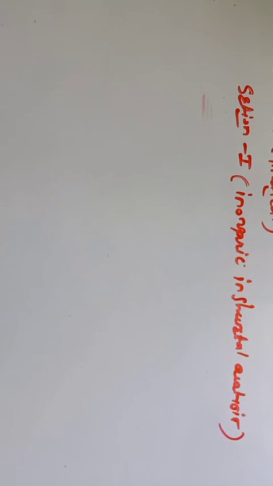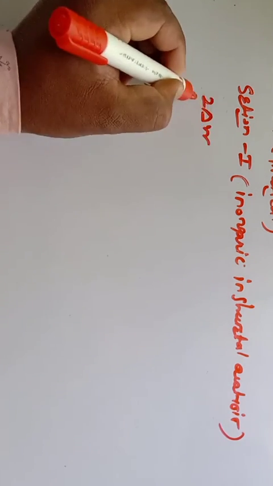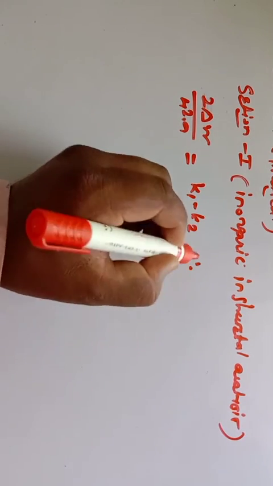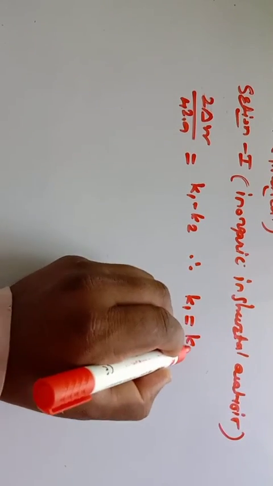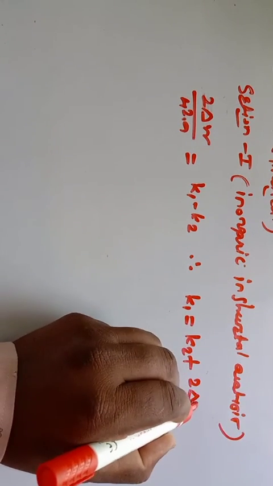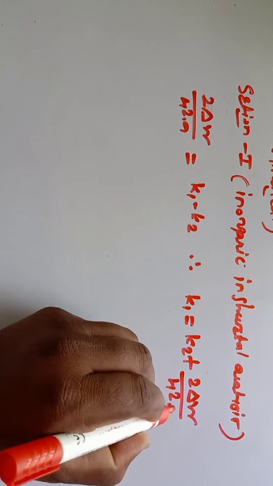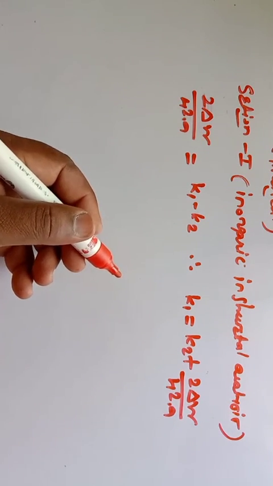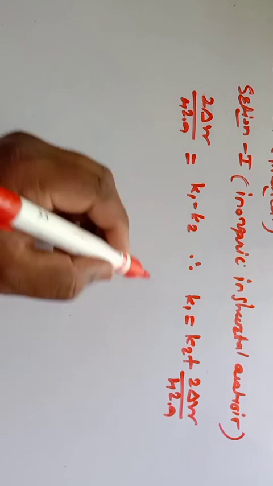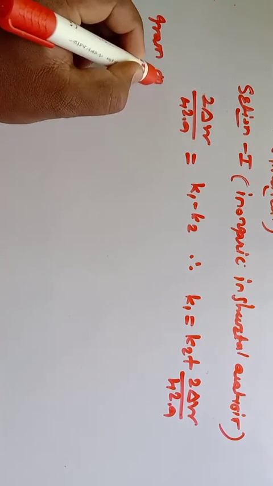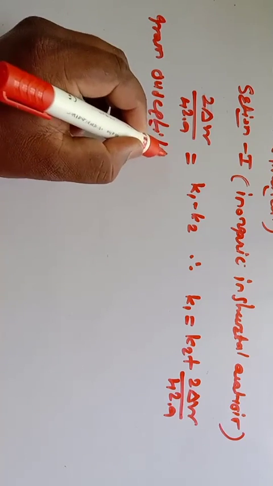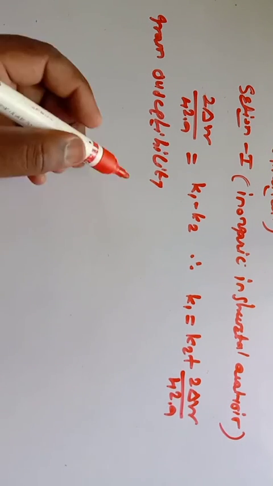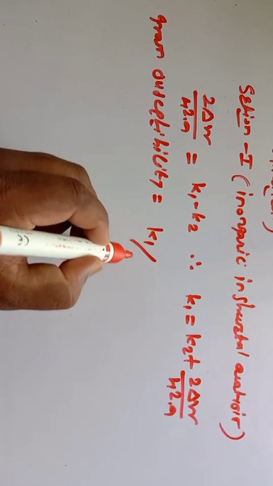Twice delta W upon H square A is equal to k1 minus k2, and therefore we get k1 which is equal to k2 plus twice delta W upon H square A. And from this equation, we can easily find out the gram specific susceptibility, which is equal to k1 upon density.